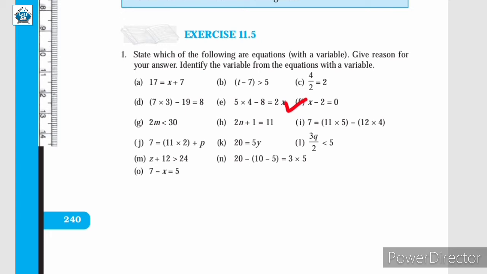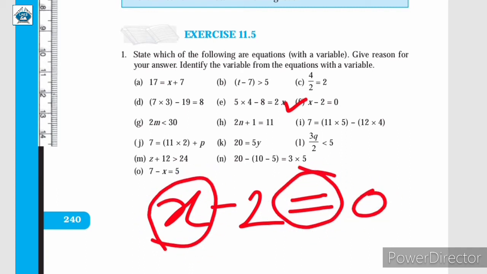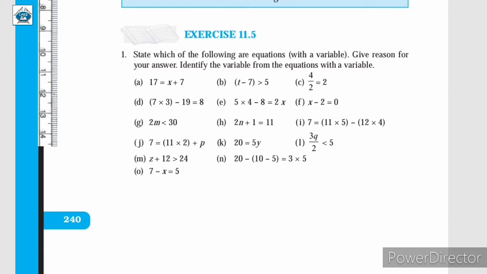So here also we can see the equality sign and the variable x. Which is the variable? The variable is x. So x minus 2 is equal to 0 is an equation as it has the variable x and the equality sign. In the similar manner, you need to solve part G, H, I, J, K on your own.